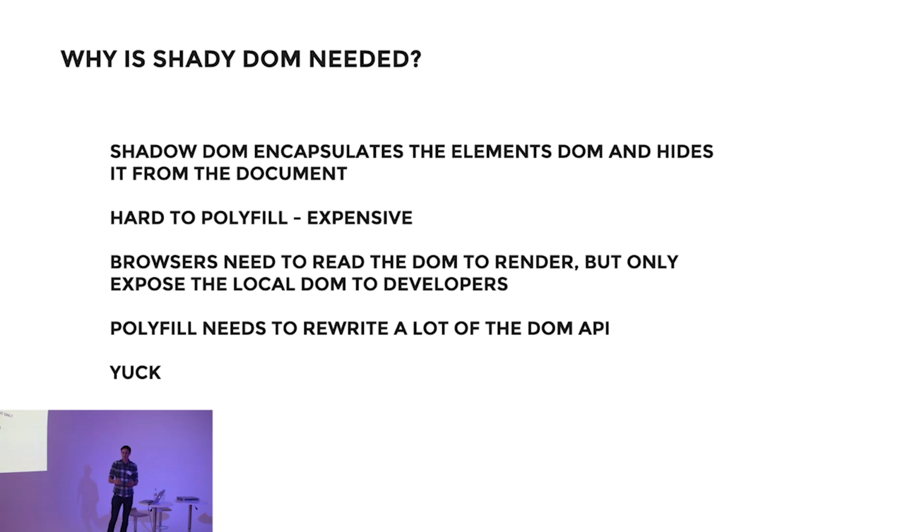What the Shadow DOM does is it encapsulates your element's DOM into its own component and shuts it off from the rest of the document, so you can't access it from outside, which is a really great thing. But it means that when you come to polyfill it, it's really, really difficult, because what you need to do is actually give all the elements to the browser to render. But it means that developers need to rewrite a lot of the DOM APIs, so developers can't go outside the scope and so on. Because of that, there's a lot of tree walking, and it means that the polyfill is just expensive.